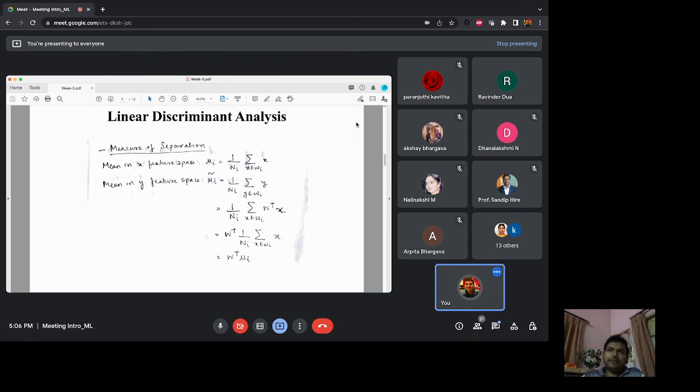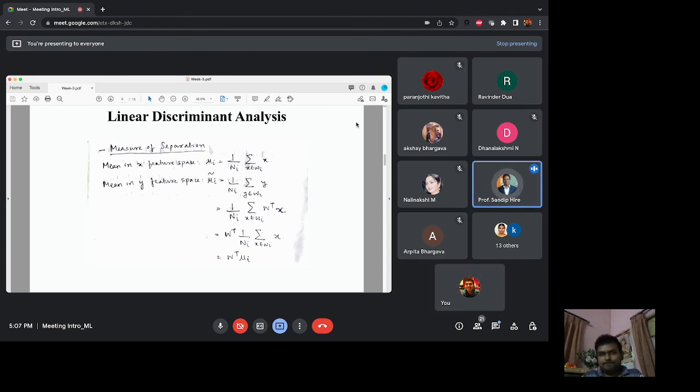So let's say you have 3 classes, and you take the centroid of all the 3 classes, and for the 3 different means you try to maximize the distance of the mean of that class from the centroid. The centroid becomes a common point and you have 3 means around it. You want to maximize the distance between the centroid and each of the 3 means. That is how you formulate the problem when you have multiple classes.